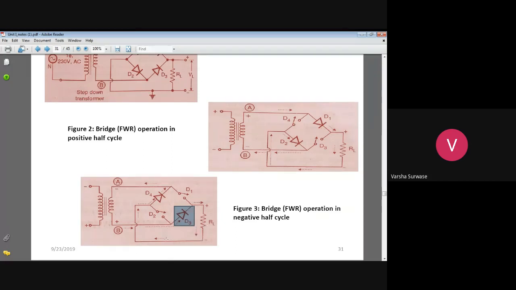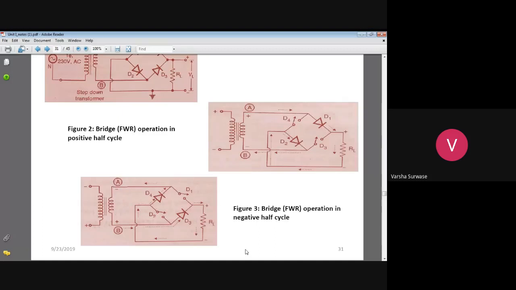See the direction of current through diode D4 and again to point A: from B, D3, RL, D4 and again to point A. But you can observe that the same direction of current you will get at the output.